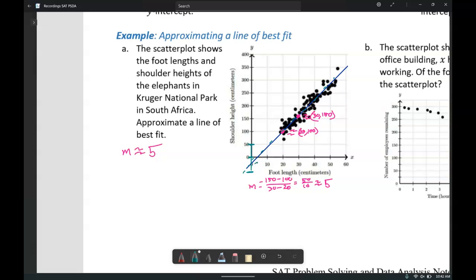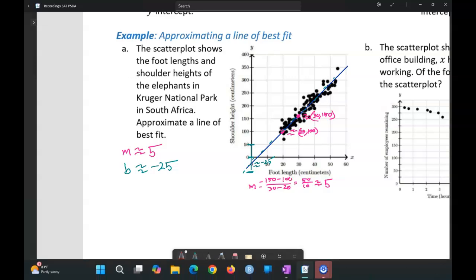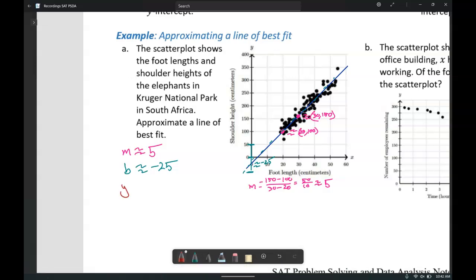And so it looks like our y-intercept is around negative 25. So b is approximately negative 25. So we can write our own little estimate, y equals 5x minus 25. And if we're dealing with a multiple choice question, we're just going to look for the one that matches closest to our own estimate.